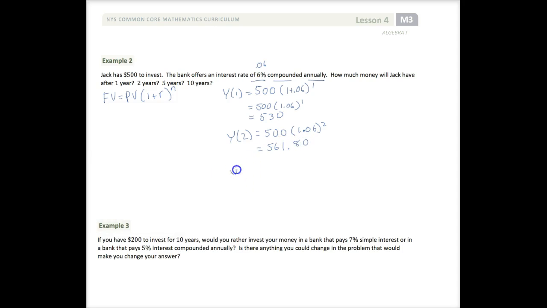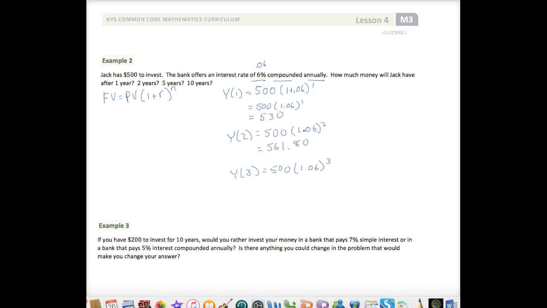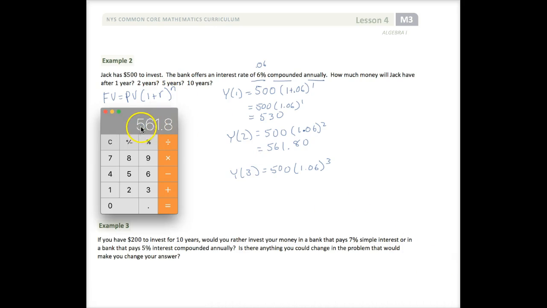Year 3, probably going to be something similar. Only now we know it's going to be 500, and it's going to be 1.06 to the 3rd power. So let's see here. Calculator up. This 561.8 was year 2, so really I ought to be able to just multiply this by 1.06 one more time, and we get 595.